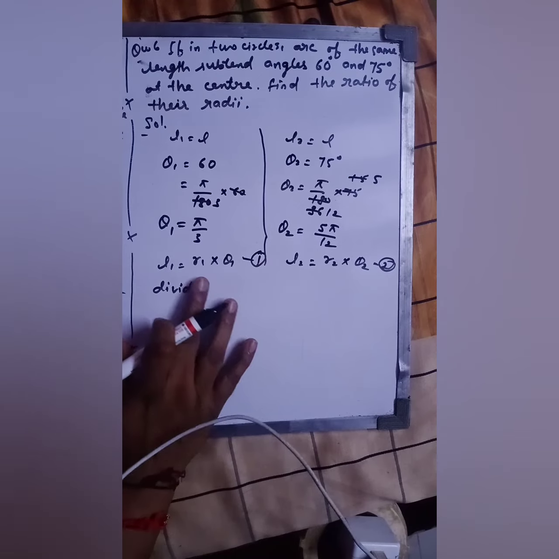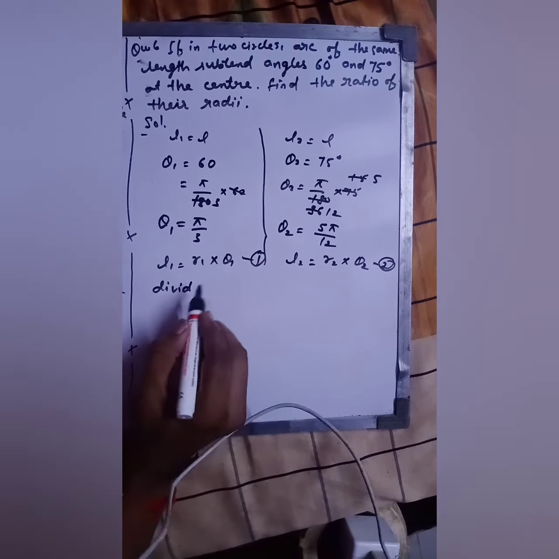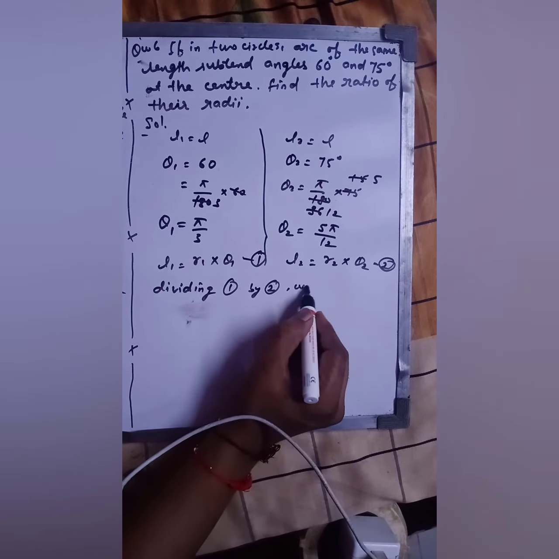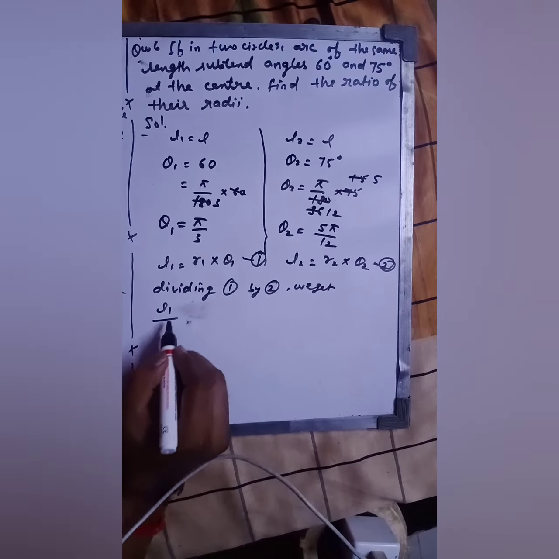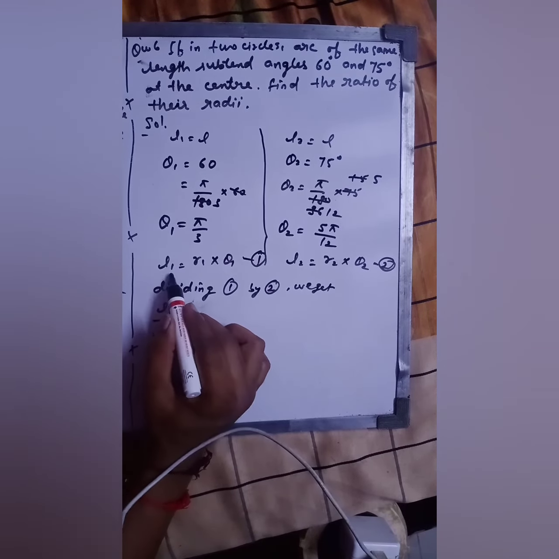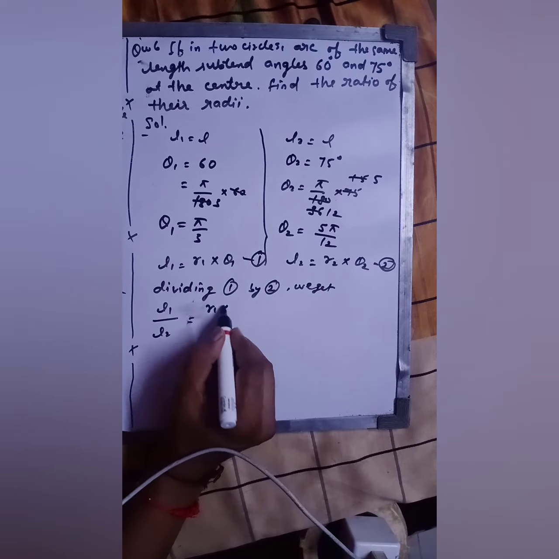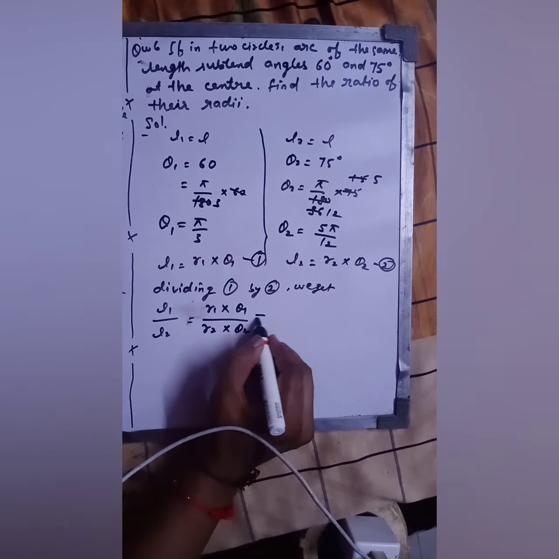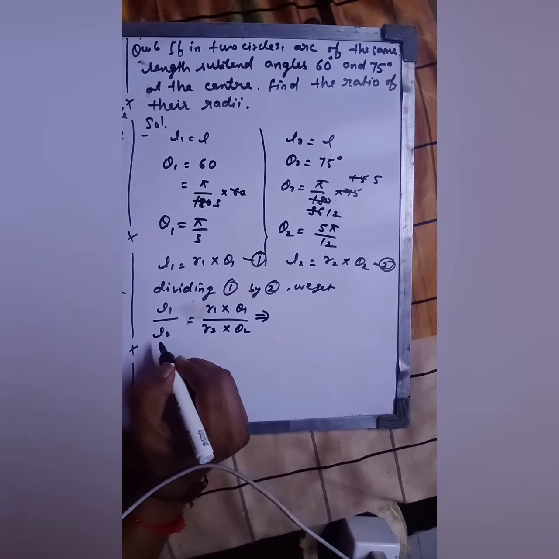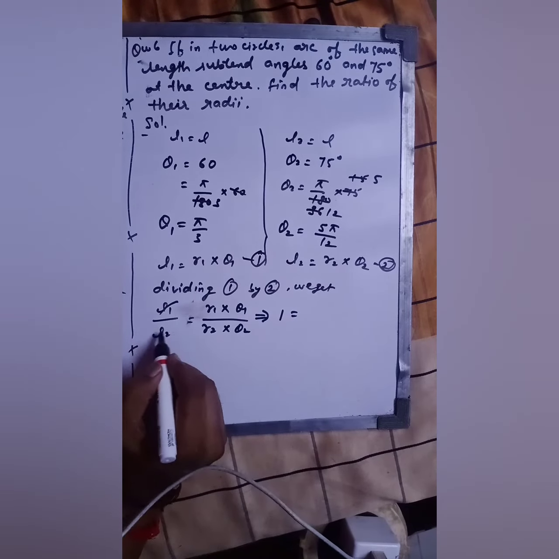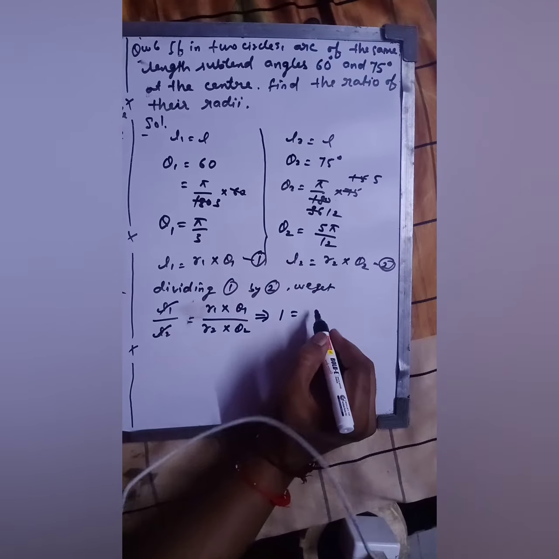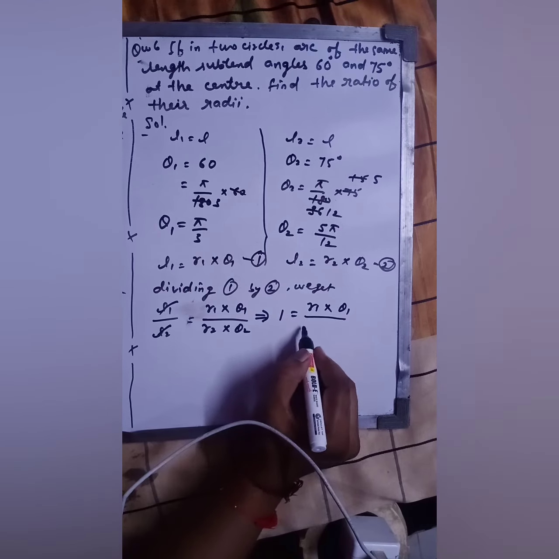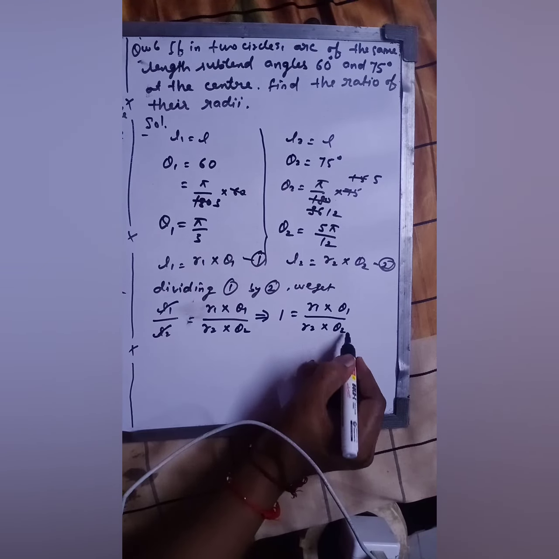Dividing 1 by 2, we get L1 over L2 equals R1 into theta 1 over R2 into theta 2. Fine. This implies your L1 and L2 both are equal. So here you will get 1, because this and this you can cancel. Okay, and here R1 into theta 1 over R2 into theta 2.